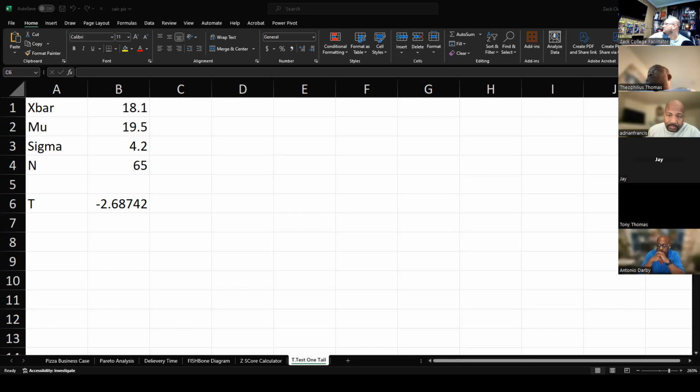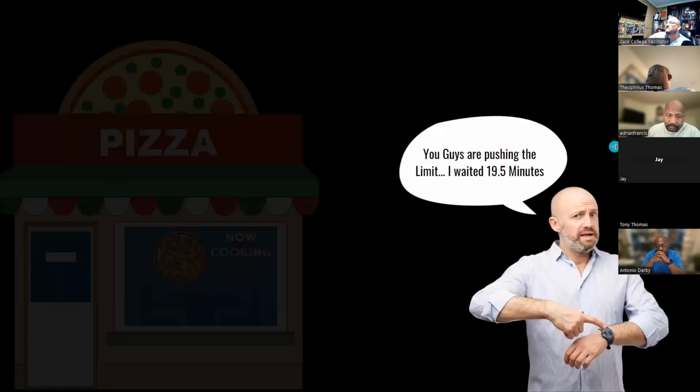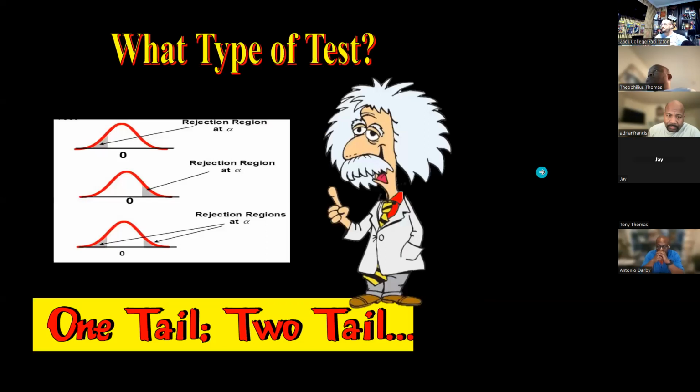let me see if I can pull this up in here. When we consider what variables being made, there we go. We just conducted essentially a one-tail test, right? We were seeing if it is within that range, that critical value, or we're going to reject it.